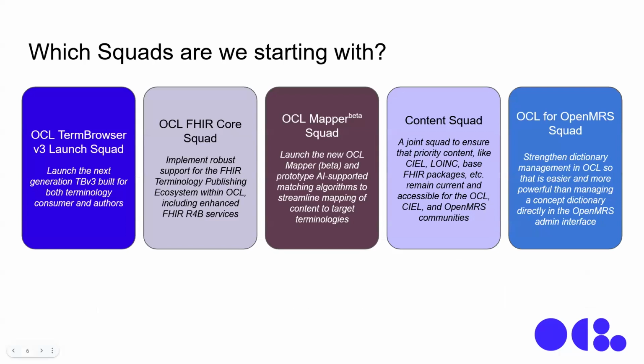So we're starting with these 5 squads, and these are hopefully familiar to you for people who've been involved in OCL for a while. The first one is around the Term Browser v3 launch, and the goal for that is launching the next generation of the Term Browser built for these 2 specific personas, the terminology consumer and authors.